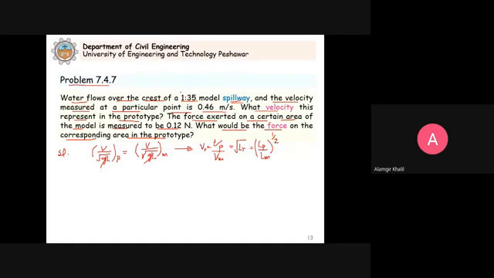Now this is given to us. So what is Lp by Lm? This is actually equal to 35, so 35 divided by 1. So 35 we can write down, and this is power 1 by 2. So this is 5.92.